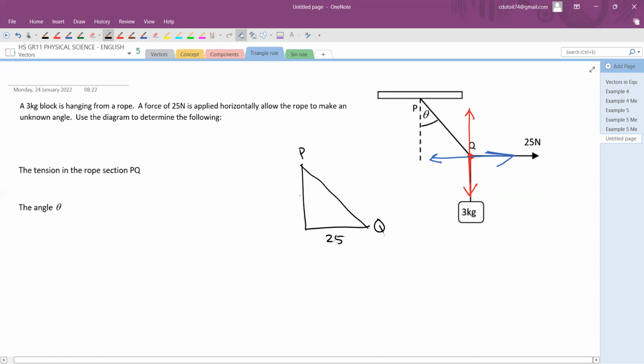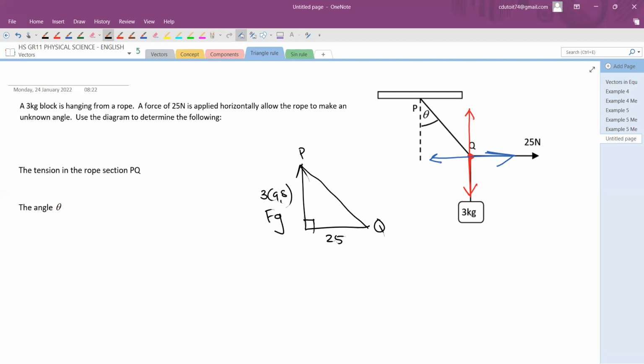And this upward force here is 3 times 9.8 or Fg. And then we're back at the same drawing. So this, you can just take a screenshot. In this example, you're not going to see the difference between these two methods because they're both going to give you the same triangle. Good. Another example. Okay.